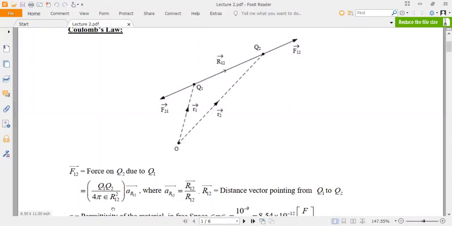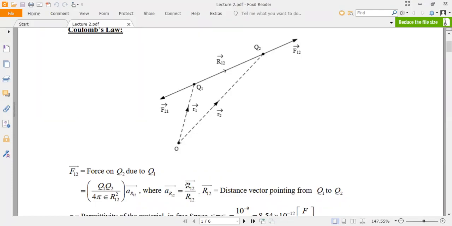This is Coulomb's law. Now, this unit vector a, R12 bar, along the direction of R12, is nothing but the distance vector R12 bar divided by R12. Here I'm not putting an arrow on top, and that means it's the magnitude.